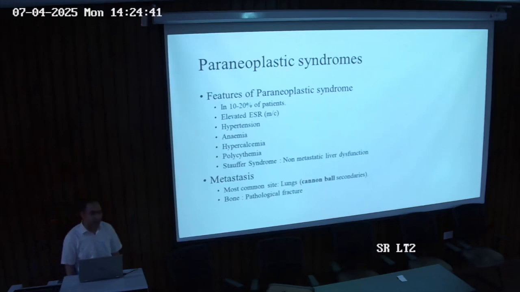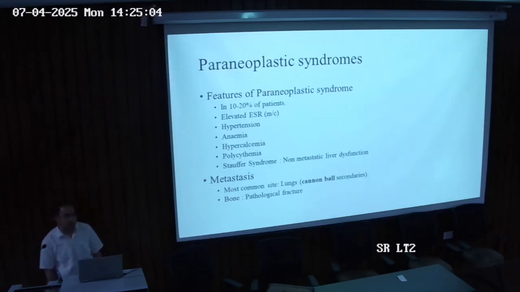Other is hypertension. Why hypertension in renal tumor? Because a large tumor compresses the segmental vessels. Because of segmental vessel ischemia, there is activation of the renin-angiotensin system, so there is salt and water retention leading to hypertension.